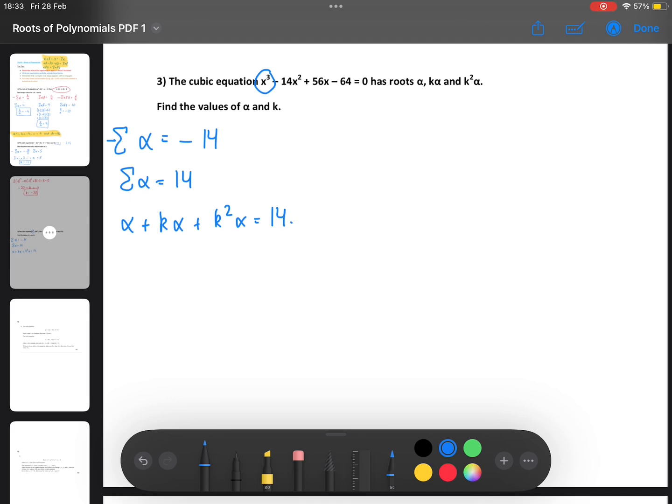And if we do the sum of the product pairs, well, let me actually write that out first. So the sum of the product pairs is 56. So alpha times k alpha plus k alpha times k squared alpha plus alpha times k squared alpha is 56.